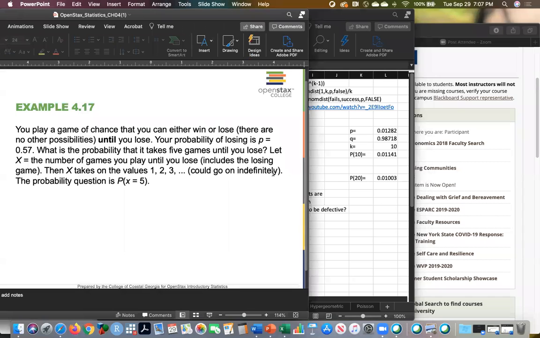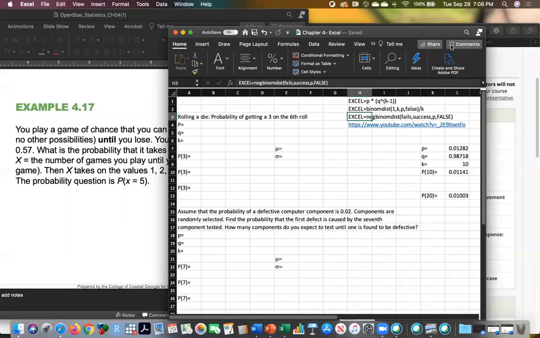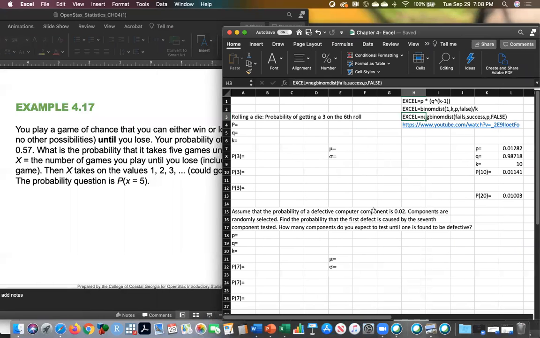Okay, so you play a game. Now this moved. Let me do this first, those are easier. For example, rolling a die and the probability of getting a 3 on the 6th roll, right? So K is going to be equal to 6. I know that I'm going to roll the die 6 times. So what is the probability of 3 in a die?